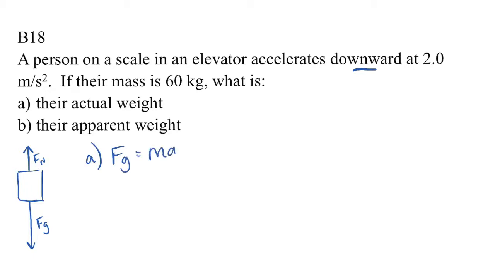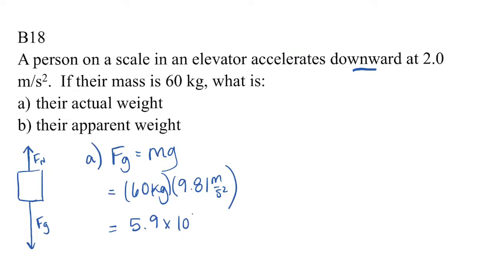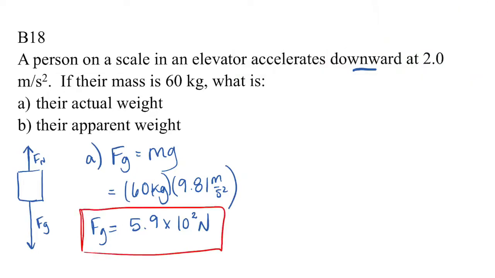Okay, so that's just mass times gravitational acceleration. That's all that is. So that's all we have to do. Their mass was 60 kilograms, and of course gravitational acceleration is 9.81 meters per second squared. So that gives us an actual weight of 5.9 times 10 to the 2 newtons. We do need 2 significant digits here, so I just rounded it to 2 significant digits. Okay, there we go. So that's their actual weight.